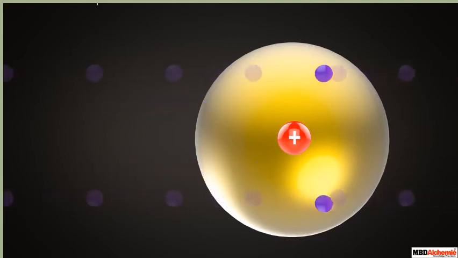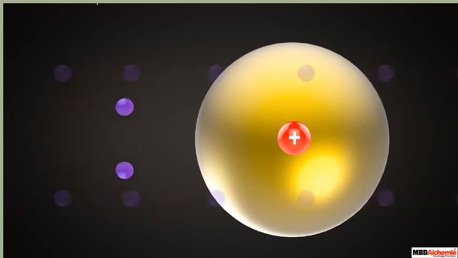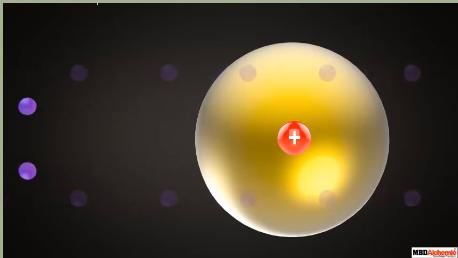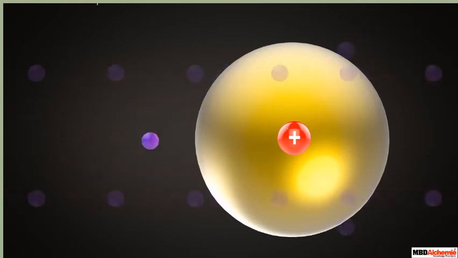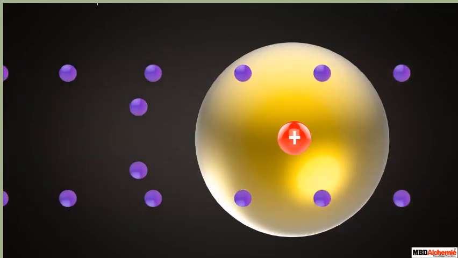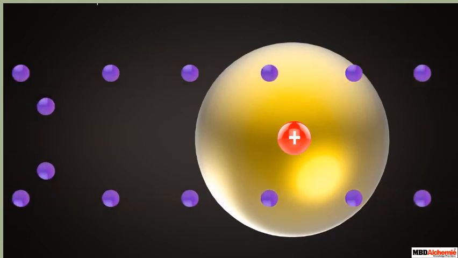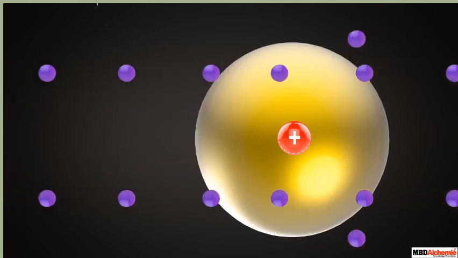As these particles were few in number, this led to the conclusion that a positively charged center occupies a tiny space. The few particles that are rebounded back indicate that all the positive charge of the atom was concentrated in a very small volume in the center.